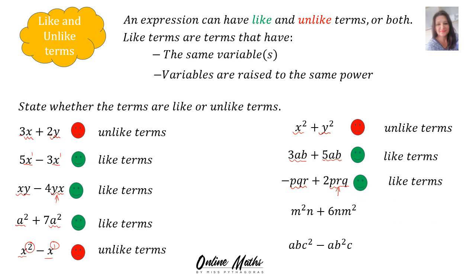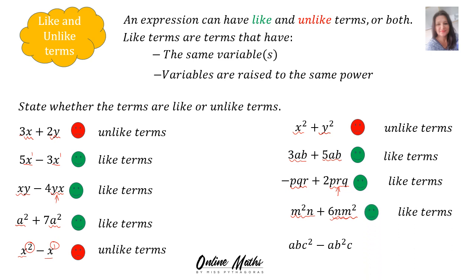The next one, m squared n plus 6nm squared. Again, there's an m squared and there's an m squared. There's an n raised to the power of 1 and there's an n raised to the power of 1. So on the second one, the order is a bit different, but they are still like terms.